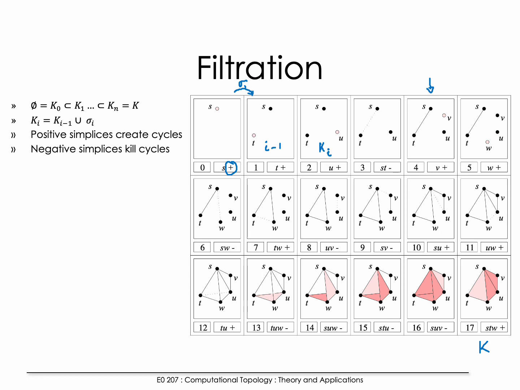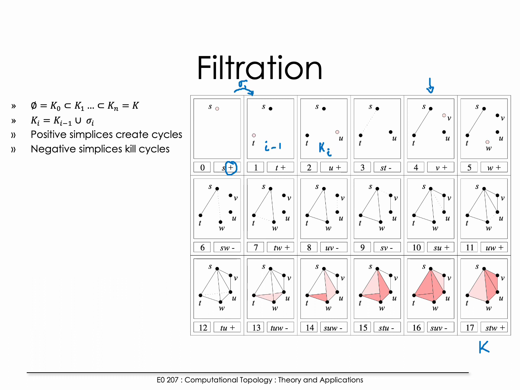So first we insert the triangle TUW. Note that TUW could not have been inserted up until now because the edges TU, TW and UW were not inserted until the previous step.